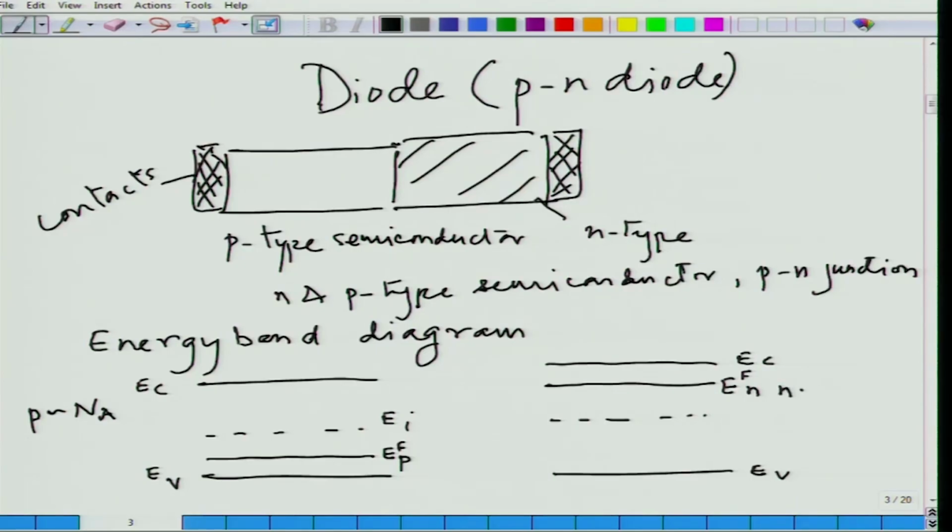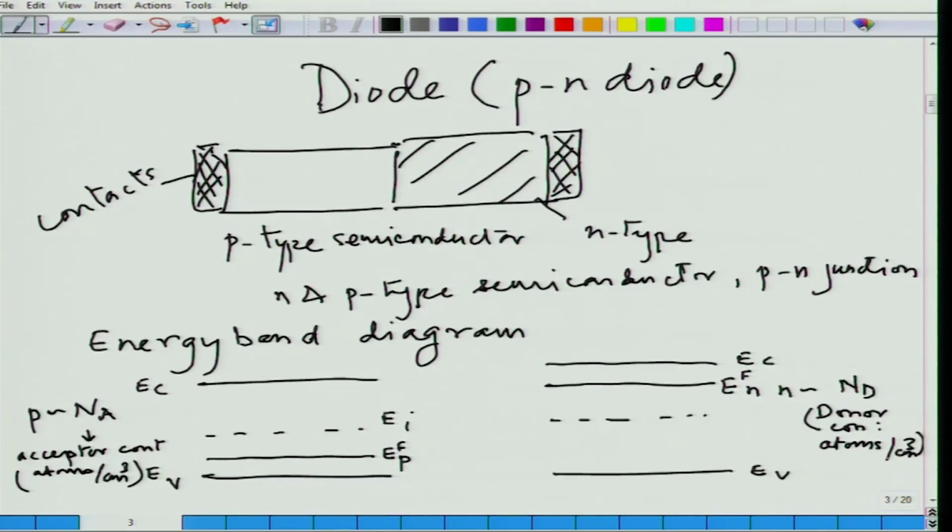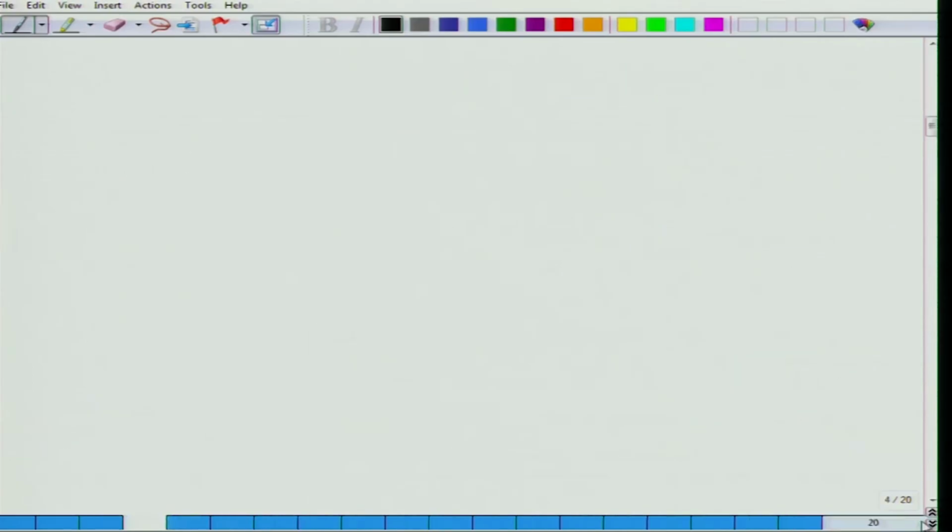In this, the number of electrons are equal to number of donors, and Na and Nd are the acceptor concentration in the p type and the donor concentration in the n type, given in terms of atoms per centimeter cube. In this situation, if p is equal to Na, we can now see what would be the situation if we bring these two semiconductors together.